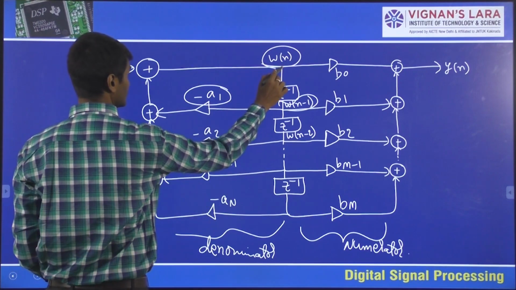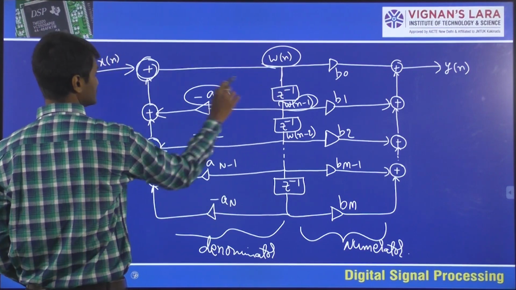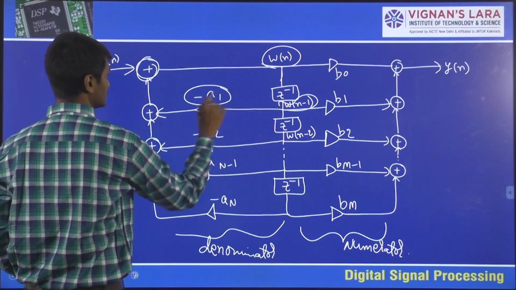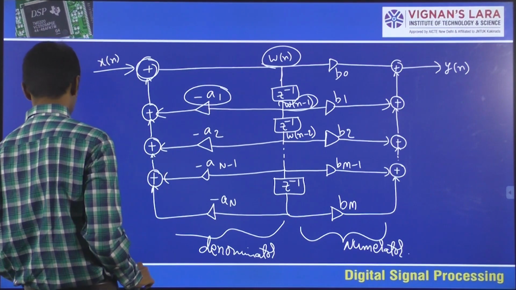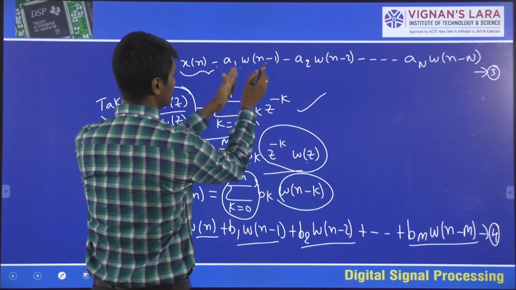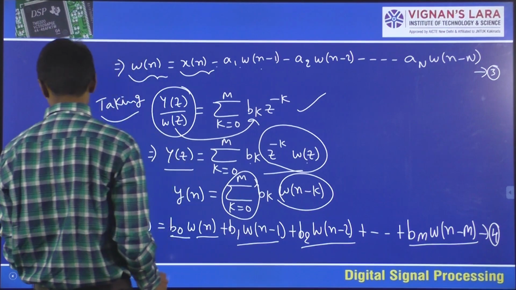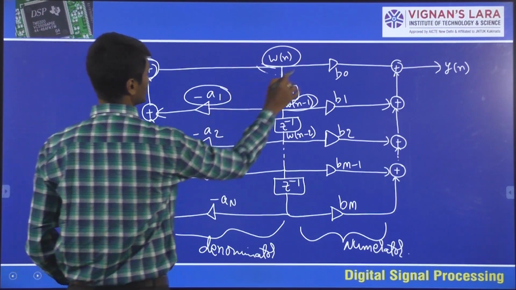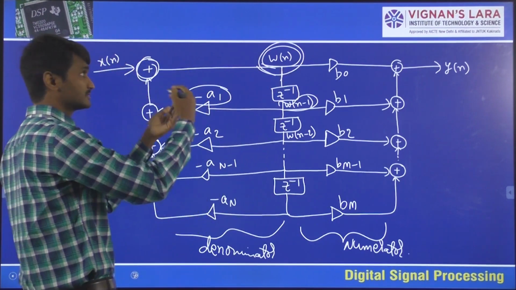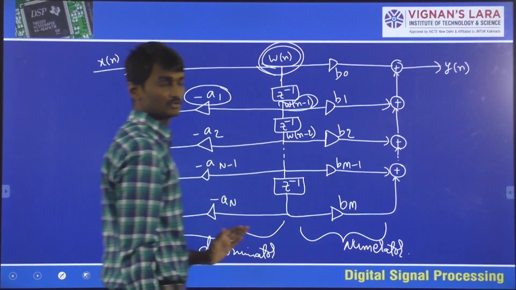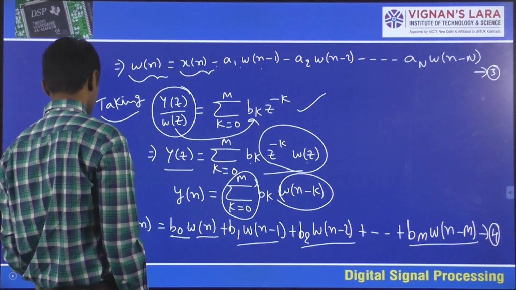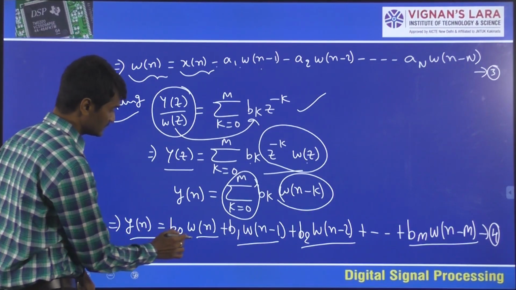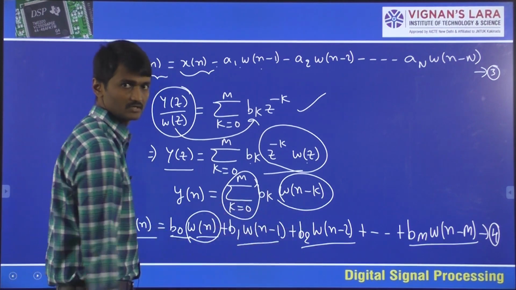So w of n is the summation of all these: x of n minus a1 w of n minus 1 minus a2 w of n minus 2. All this is w of n, and that w of n acts as input to y of n.